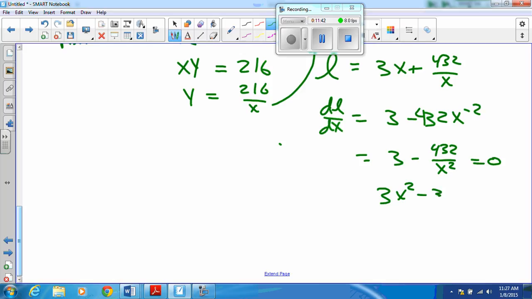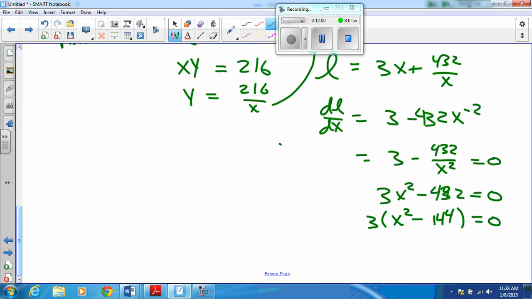And when I multiply both sides by x squared, then I get 3x squared minus 432 is equal to 0. Looks to me like I could factor out a 3, right? And that would give me x squared minus 144. How does x squared minus 144 factor? Yeah, x minus 12, x plus 12.